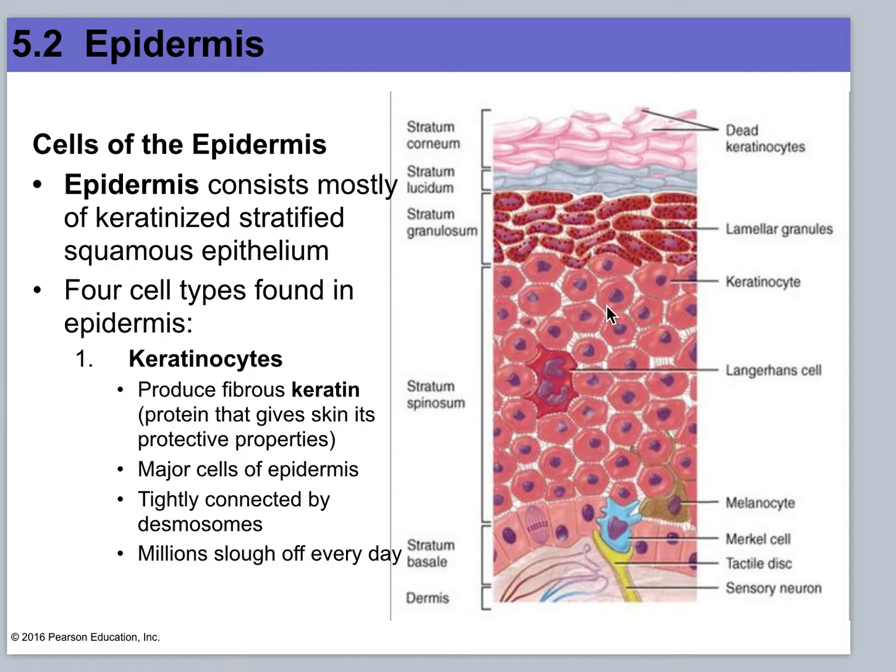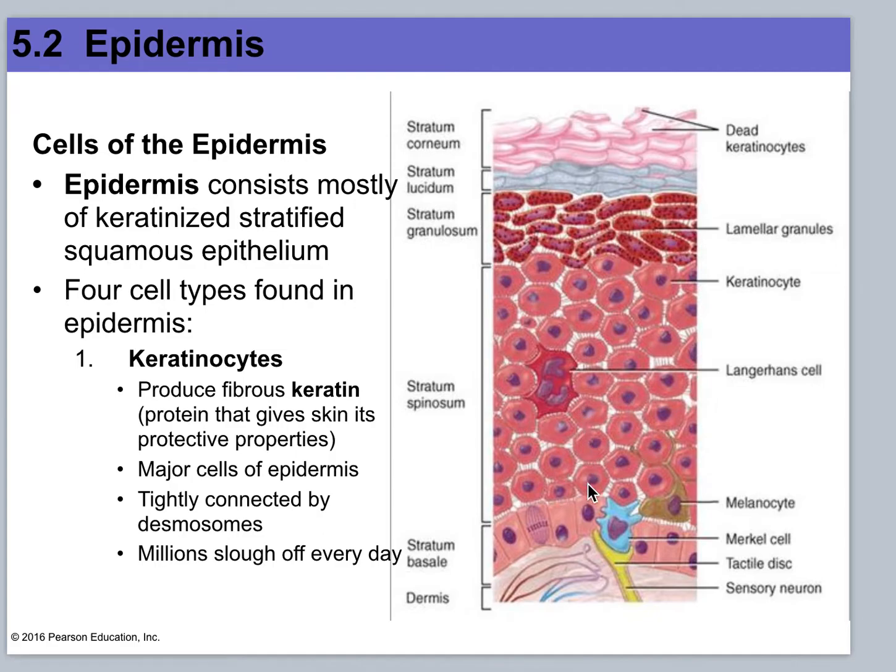The majority of the cells in the epidermis are these keratinocytes, and they start here from this basal layer all the way to the surface of the skin. These keratinocytes are born here at this lower level, the basal layer, and over the lifetime of the cell, they migrate outward towards the apex of the epithelium.